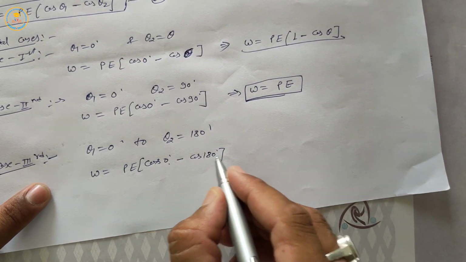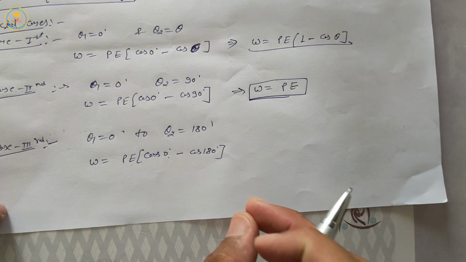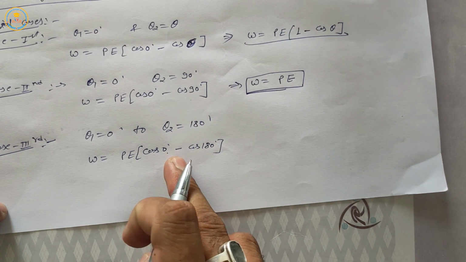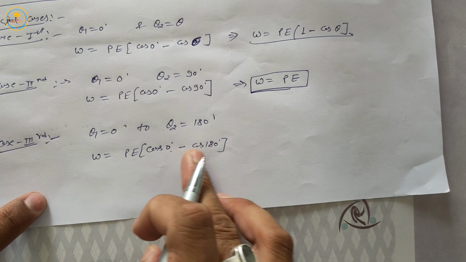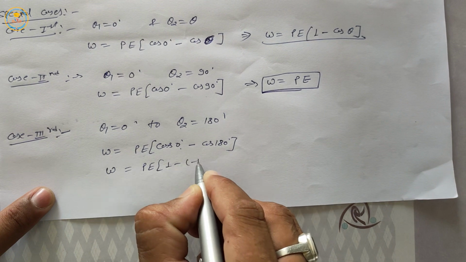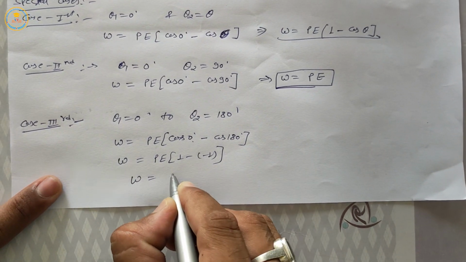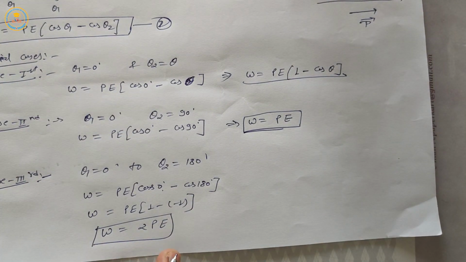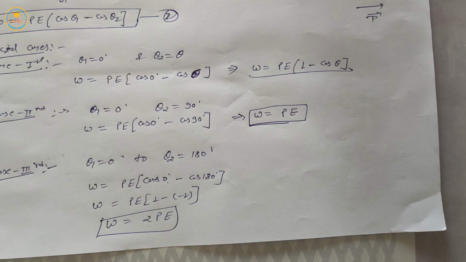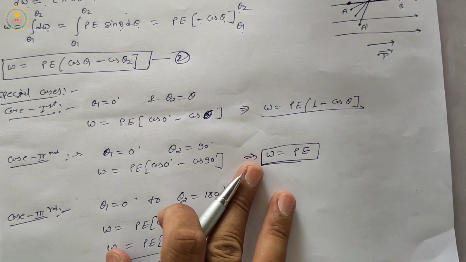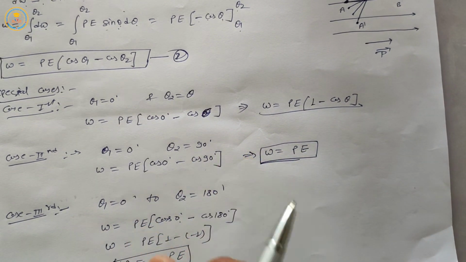The value of cos 0 is equal to 1 and the value of cos 180 is equal to minus 1. This minus 1 with the minus sign here gives plus. So W is equal to PE (1 plus 1), so W is equal to 2PE. This is the work done in rotating the electric dipole from stable equilibrium state to opposite state. Okay students, this is the work in rotation of an electric dipole in an electric field with various cases.